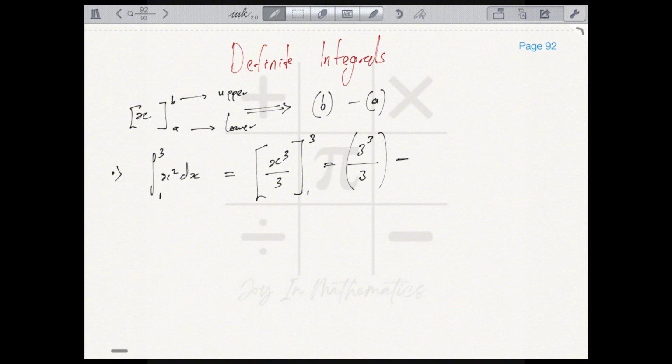That is 1 raised to the power 3 divided by 3. Now this will give us 27 over 3 minus 1 over 3, and an expression here should give us 9 minus 1 over 3, and this is 8 2 over 3.